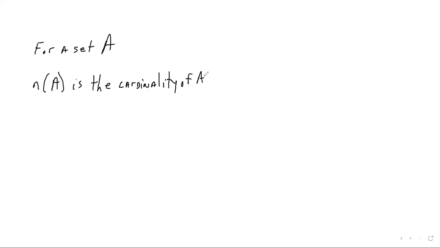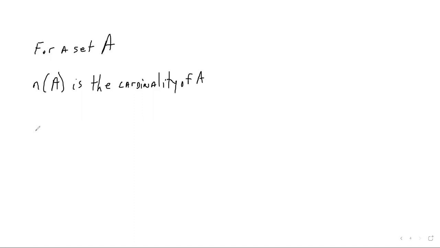So for a set capital A, if you see this notation, it is read N of A, or cardinality of A. Cardinality is a big word, a fancy way to say how many elements A has.